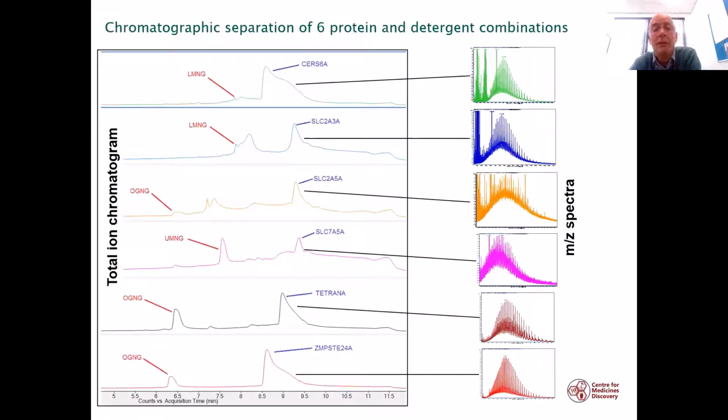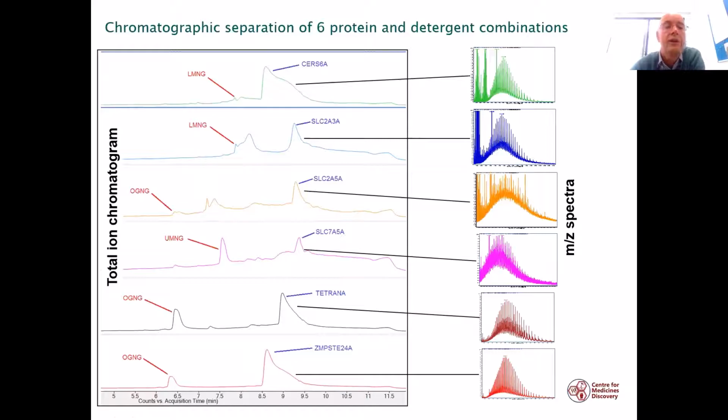So here's an example of this method being used. I'm showing you here the total ion chromatograms. This is where the aim is to separate our membrane protein from the detergent on the chromatographic column, and you can see we've succeeded in doing this.